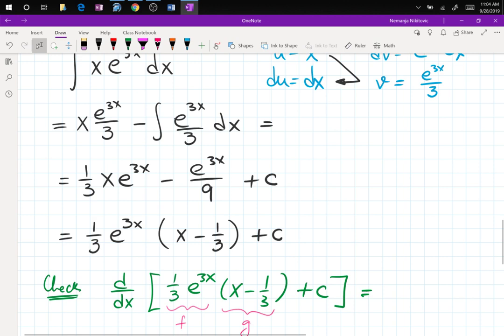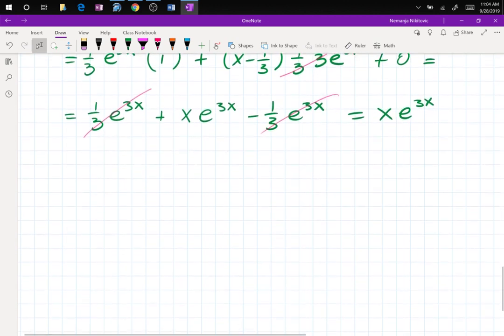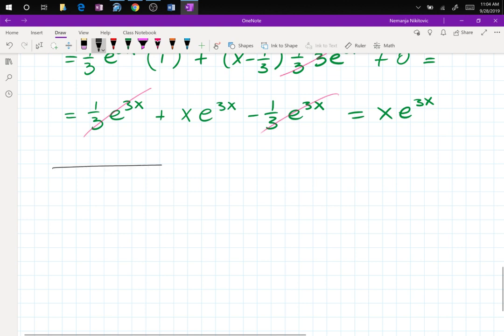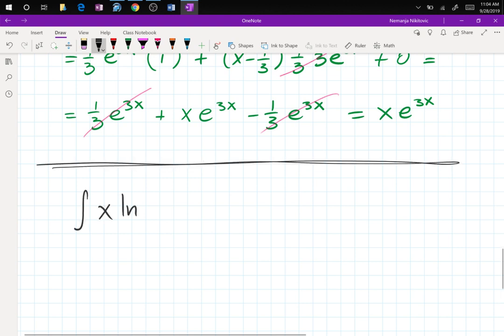Ooh. You are going to love this problem. Integral of x ln x dx. And yes, I am a terrible person.